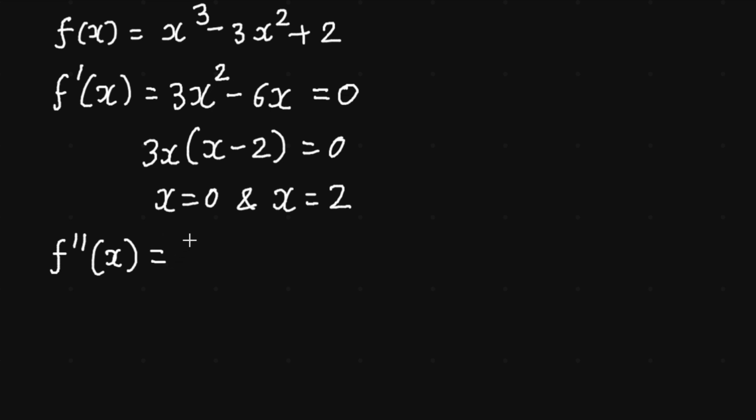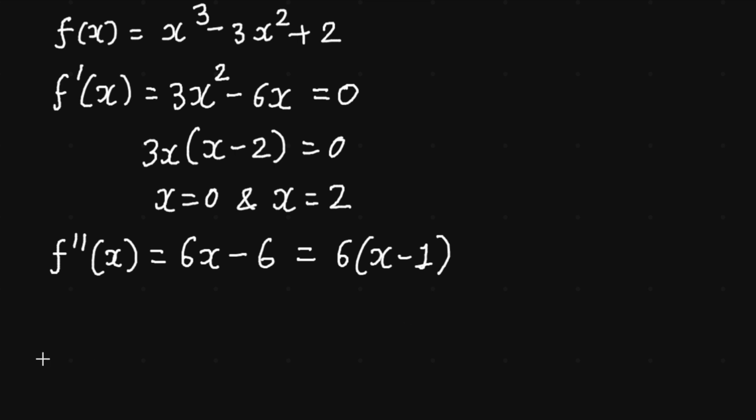So 3 times 2x would be 6x, minus the derivative of 6x, which would be just 6. Okay, so what we can do is factor out 6 from both the terms. So we will have 6 times x minus 1.